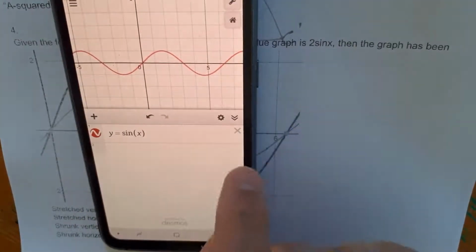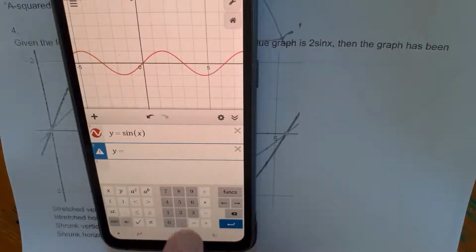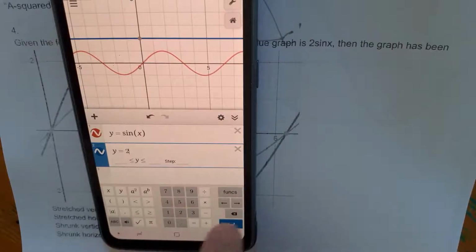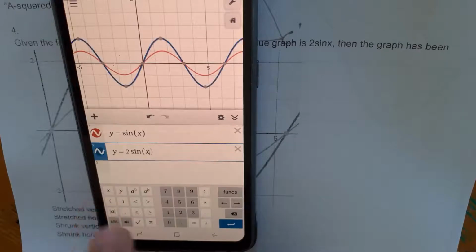So let's see what happens. Let's do another graph. Let's say y equals... And I expect you to repeat this on your Desmos, on your device, all right? For you to just watch me do it is one thing, but you need to play with it yourself to get this experience. So put in 2 times the function sine x. And I guess I could close the parentheses so it looks better to me.